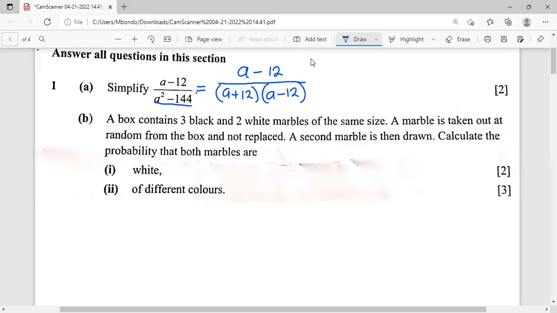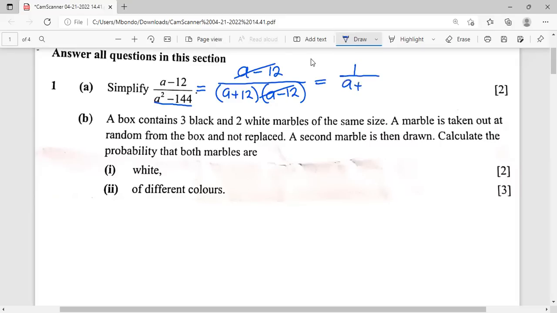Now when you look at what we have here, a minus 12, it's common. So this will cancel with this one. It's like we are dividing both parts by a minus 12. So on top here, we keep 1 over, what did we remain with down?